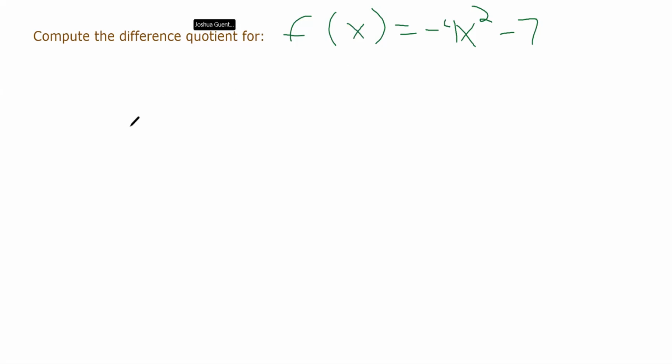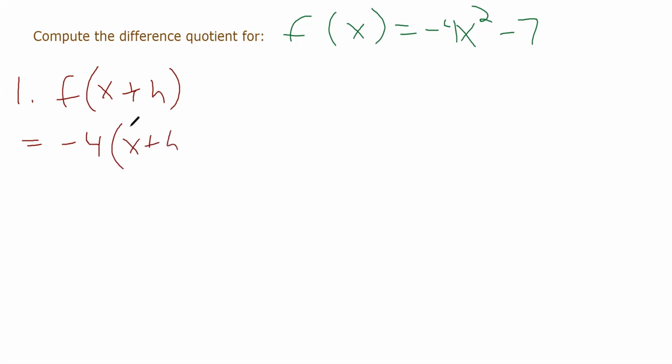So step 1, we're going to compute f of x plus h. All right, so let's see, that's going to be negative 4 times the x plus h, but then it gets squared. Remember your composition of functions.